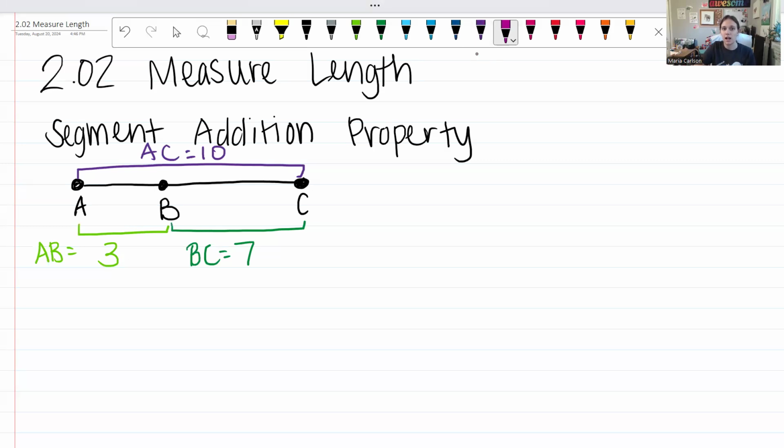So here I know that segments AB plus BC adds together to give us the length AC.